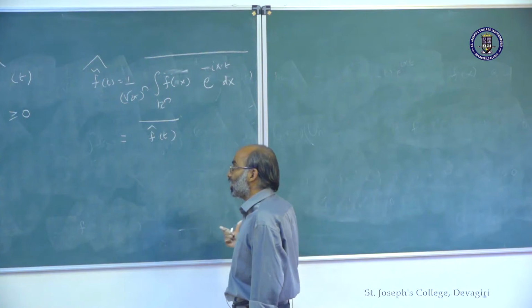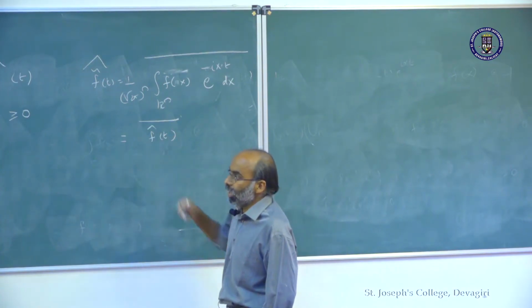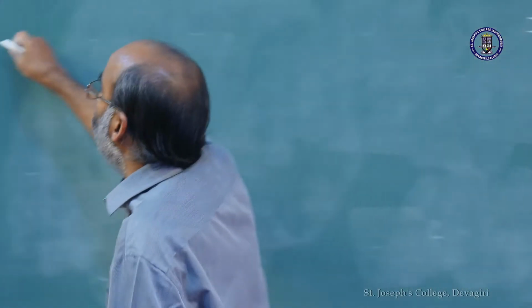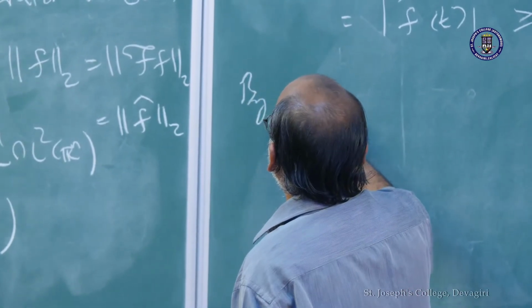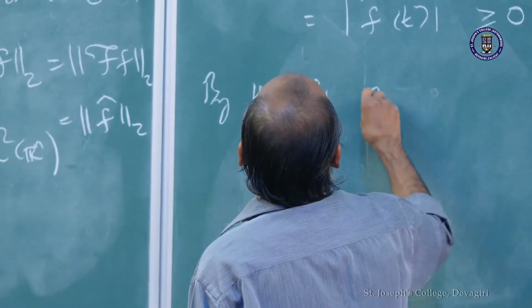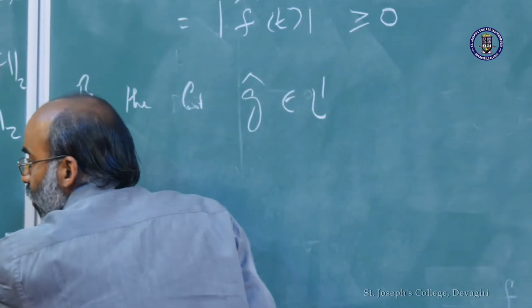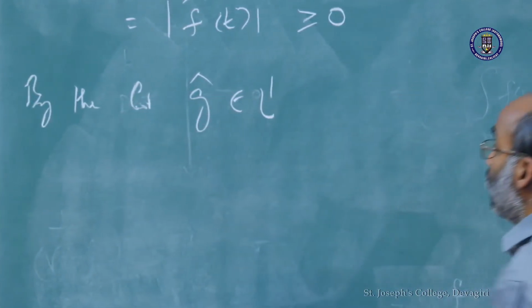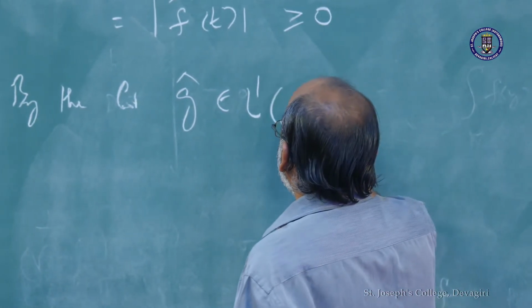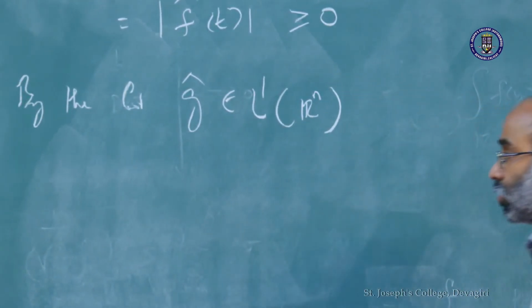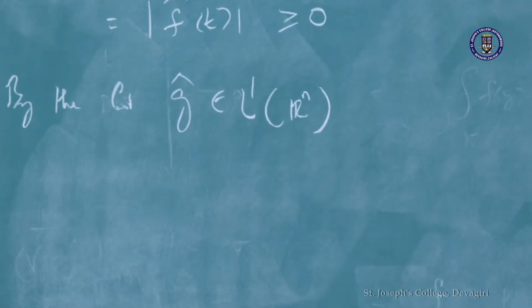So, by the corollary, g hat will be in L1, because it is positive and g has continuity at 0. That was the second corollary if you remember.